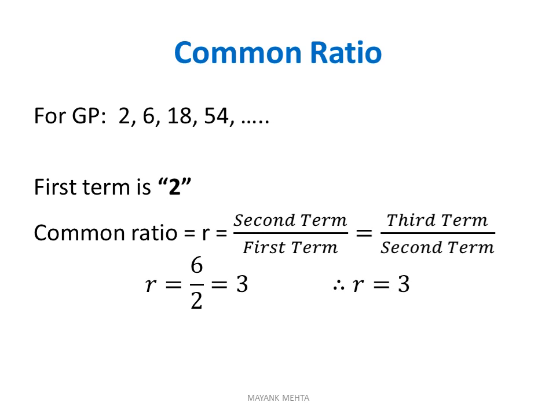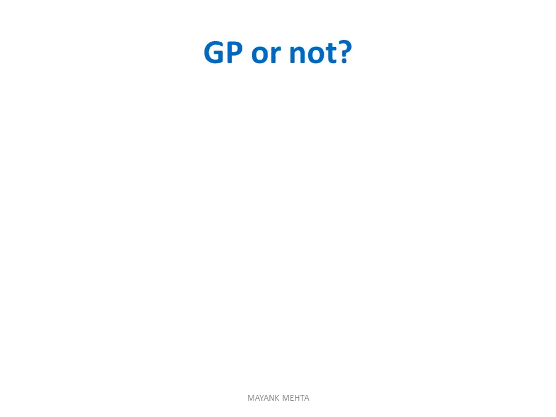So you will need to find two things in a GP: the very first is the first term, and the other is the common ratio. First term, that is A, and common ratio, that is R.